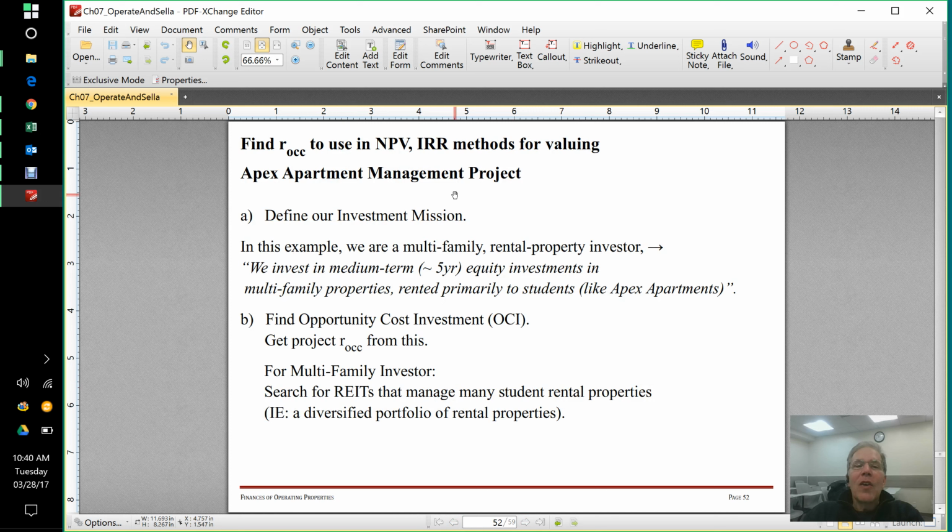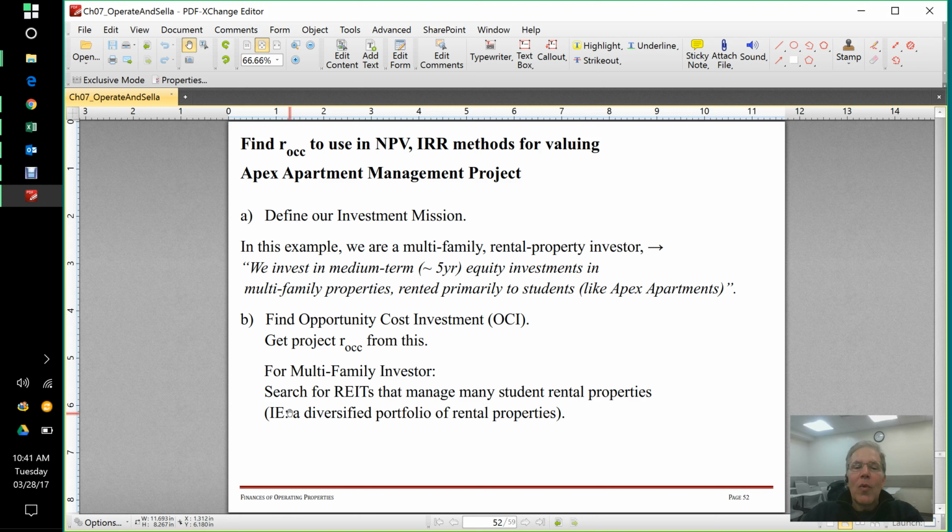And so let's go ahead and find the opportunity cost of capital for this project, for Apex. First of all, what's the mission of CMO, right? Commercial Mostly Mercer Operators. Something like this. We invest in medium-term, 5-year equity investments in multifamily properties rented primarily to students.